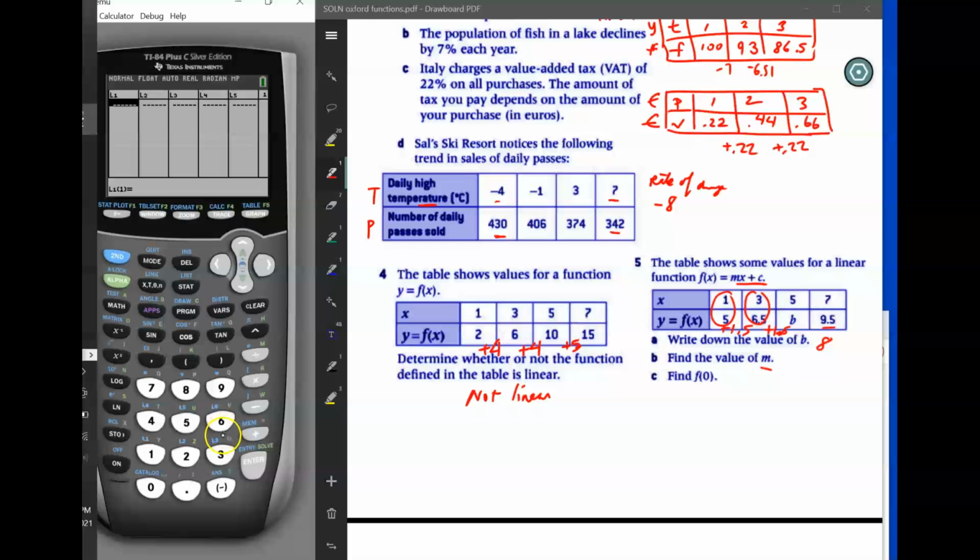We're going to put 1, 5 across the top, okay? And then I'm going to put 3, 6.5 in the second row. Okay, and then stat calc ln reg. And then, yes, L1, L2. And the slope is 0.75.